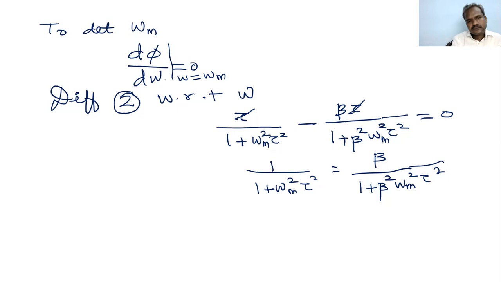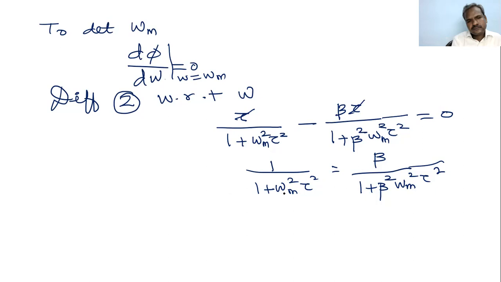On cross multiplying, 1 plus a plus b, a minus b.